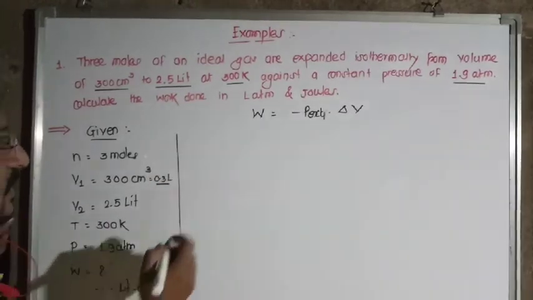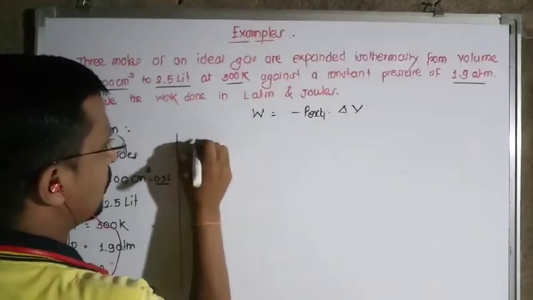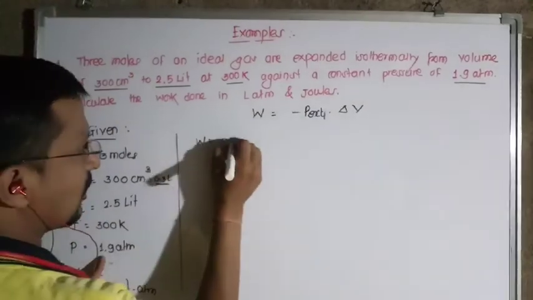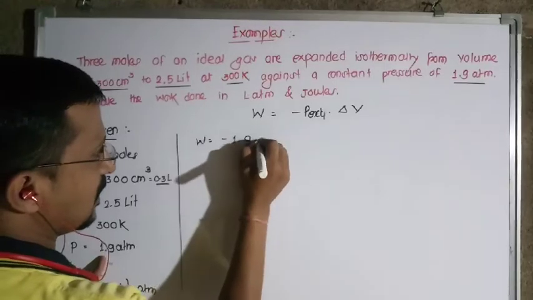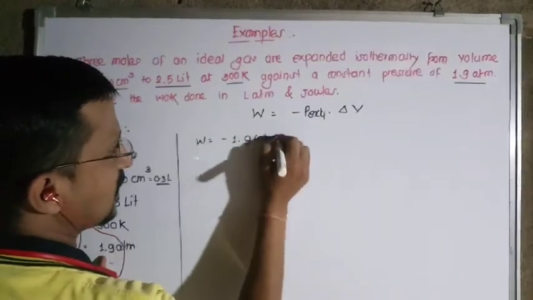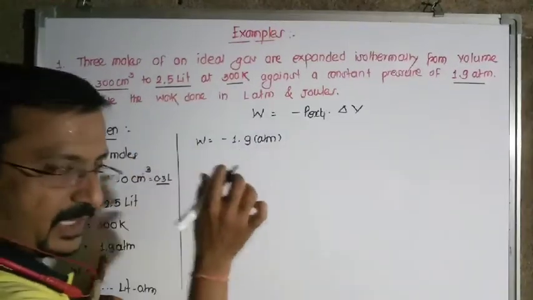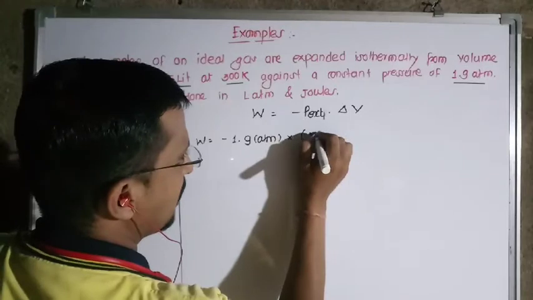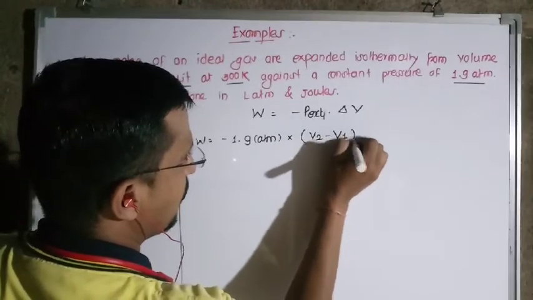Then just substitute the values: W is equal to minus P external, which is minus 1.9 atmosphere, into change in volume, that is delta V, V2 minus V1.